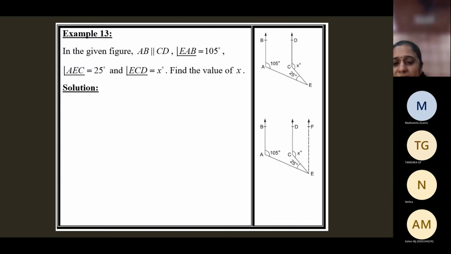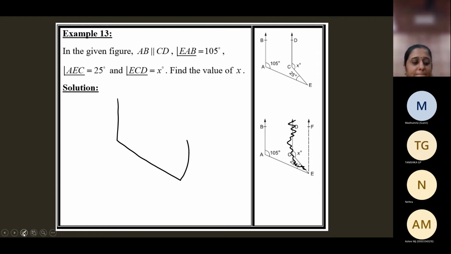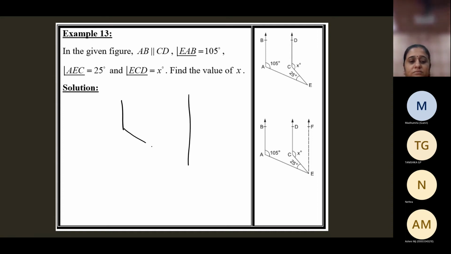If something in between is disturbing your focus, remove that and draw the figure. So you can draw AB. This is a transversal AE, and this is that line EF, which is parallel. So these angles are co-interior angles.